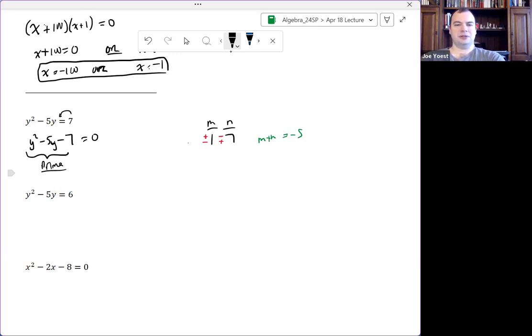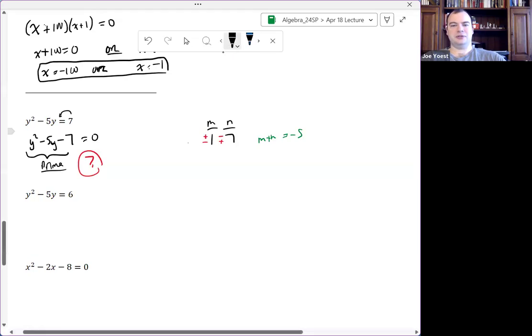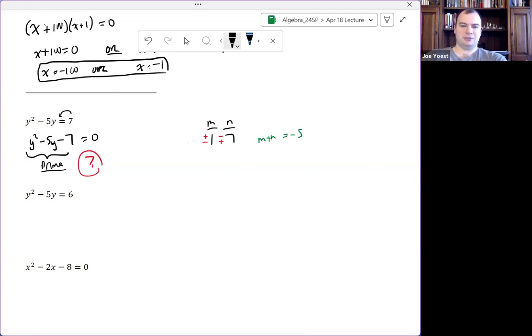So either of those possibilities are true, but for our purposes, we'll just write a question mark. We're saying at this point, there's no way to solve this using the technique that we're talking about. That's not to say that there's no solution, that there is no real number y that I could plug in here and get a correct equation. There might be, but if there is, I can't find it using this method.